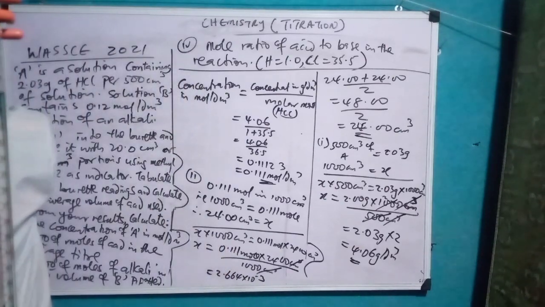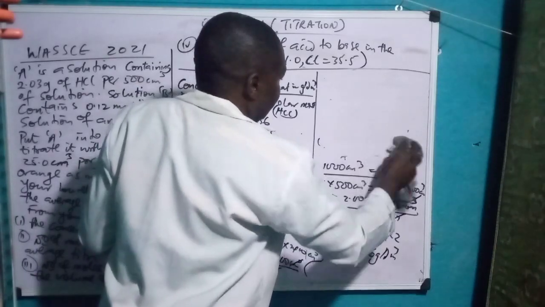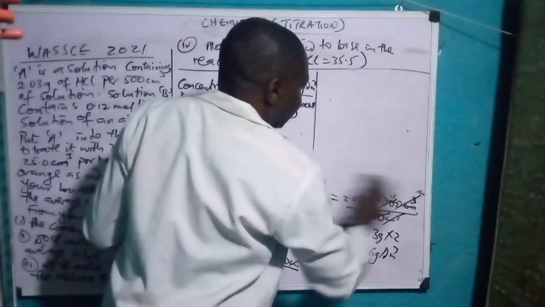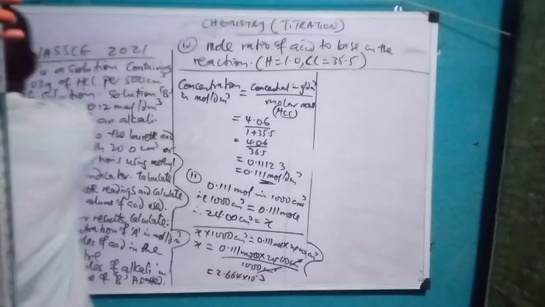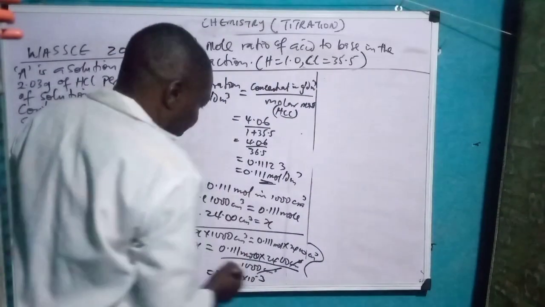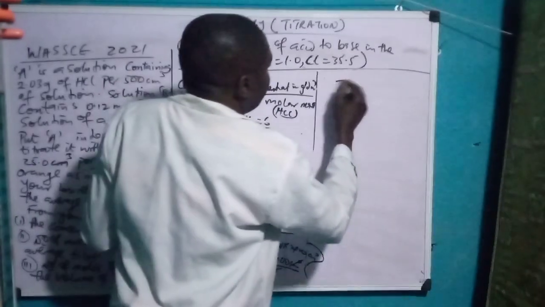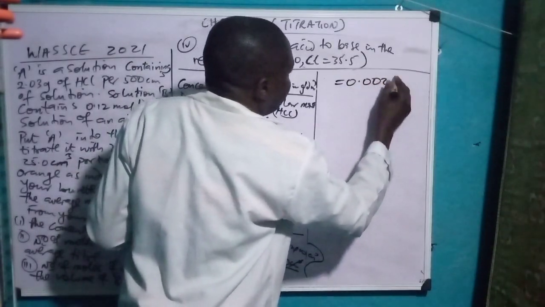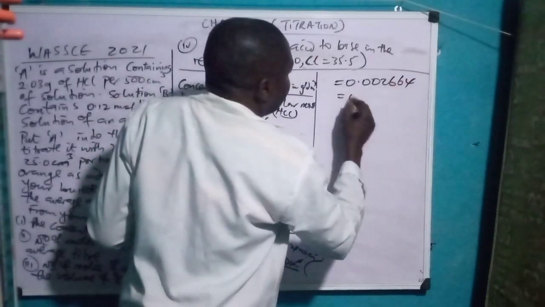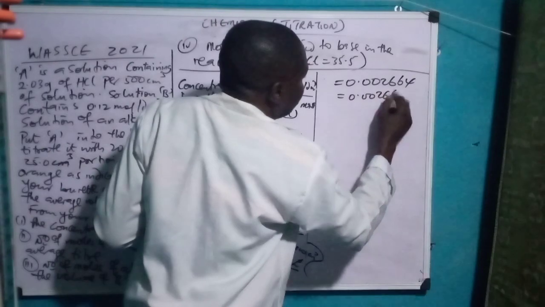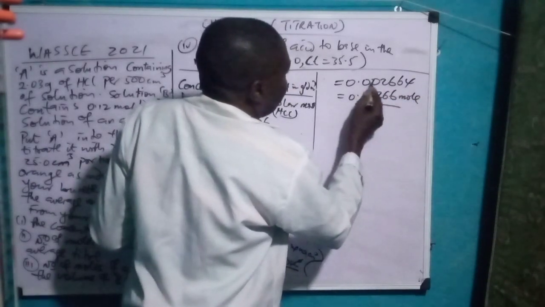Let's erase the other side. You don't even need this side again. So this becomes 0.002664, which is 0.00266 mole. You see it, you count 1, 2, 3.